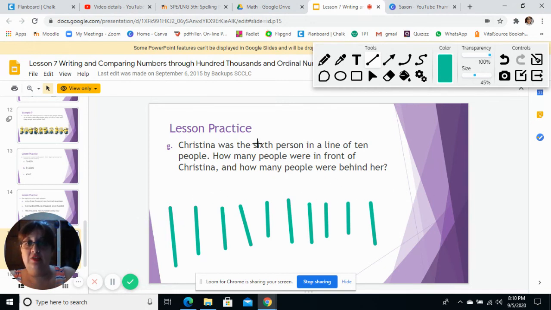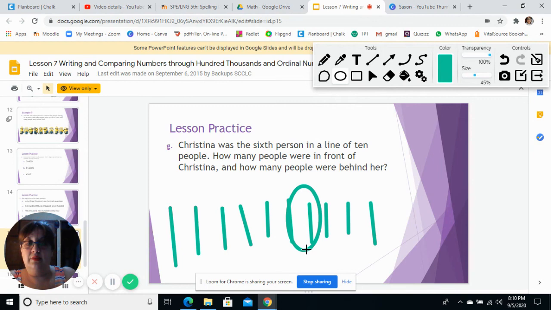Okay, and it says Christina was the 6th person in a line of 10. So we're going to put a little circle around Christina so we remember which one she is. Now 6th is the same as 6, right? She's the 6th person. So we need to find which one's the 6th. 1, 2, 3, 4, 5, 6. Here's Christina. So we're going to put a circle around her.